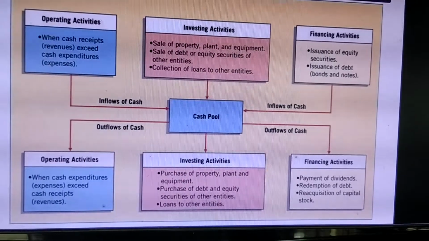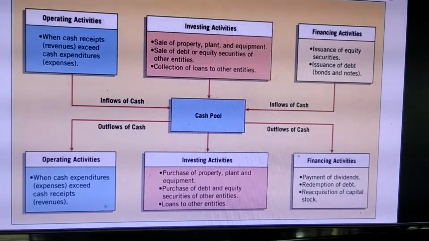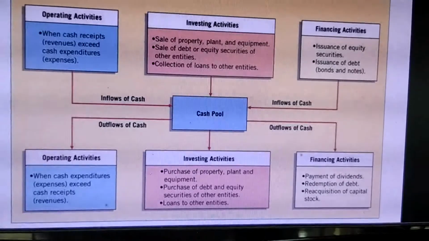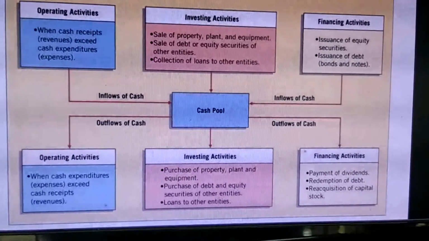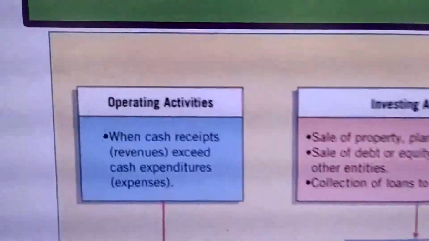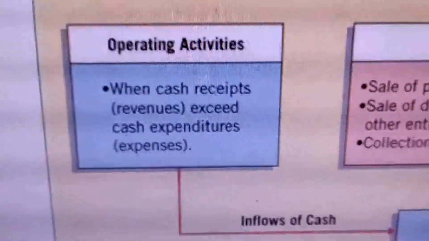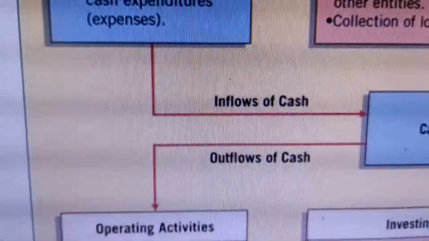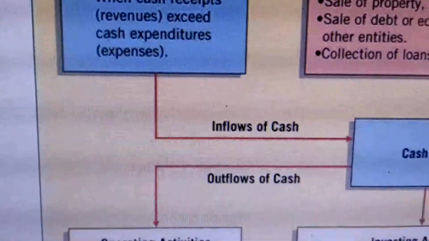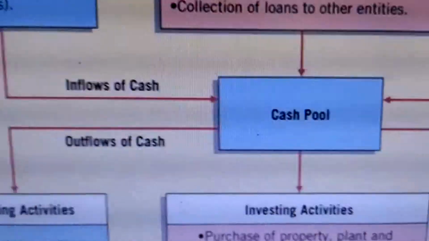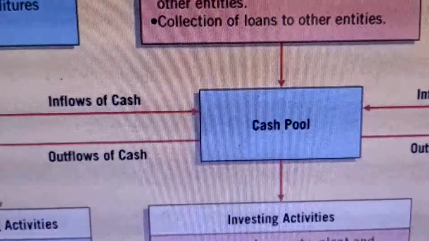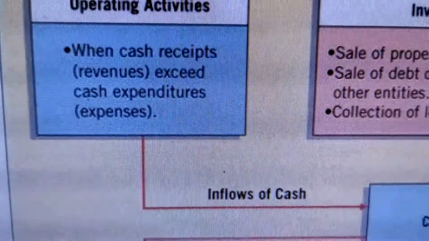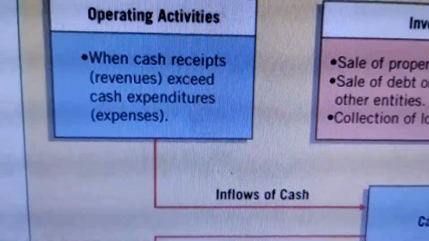For operating activities, when cash receipt exceeds cash expenditure, it means inflow of cash. The arrow mark will help you understand. When cash receipt, that means revenue, exceeds expenditure, it means inflow of cash.